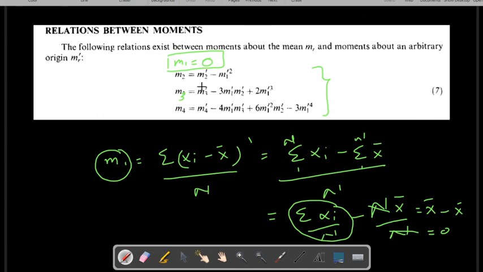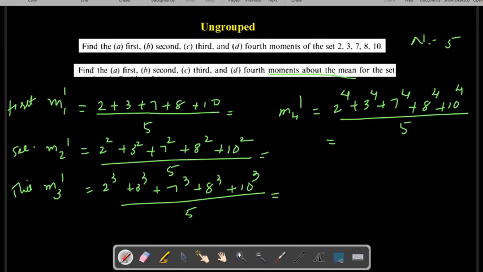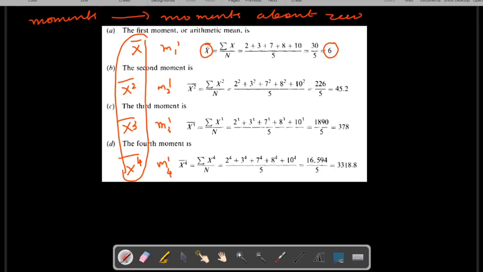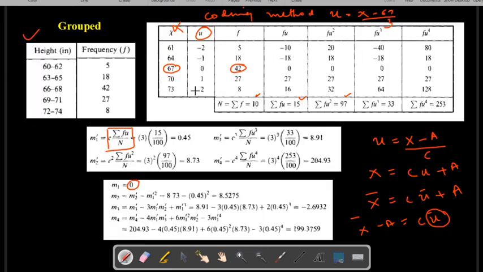Then the relationship between these you have to learn by heart. For finding m2, they are using moments up to 2, and for finding moments about mean 3, they are using up to 3, and you just note down the coefficients, how it is written. You have to learn it by heart. That's the only way. Learn the relationship by heart, then you can find mean, moments and moments about mean using these formulas.